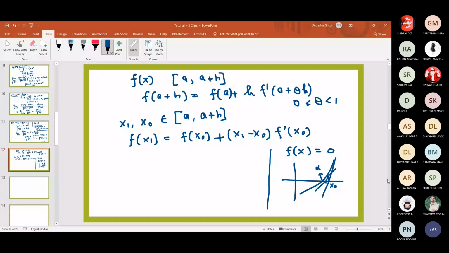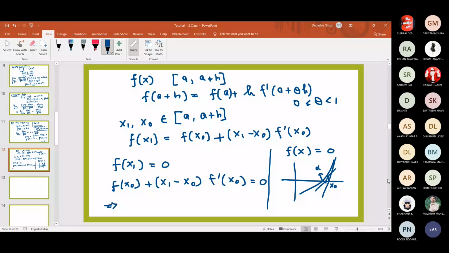Initially we have in hand only x0, which is the initial approximation of the root of this function. So we consider that f of x1 is equal to 0, because x1 is the next approximation. So f of x1 is equal to 0. So f of x0 plus x1 minus x0 into f dash x0 equals 0.